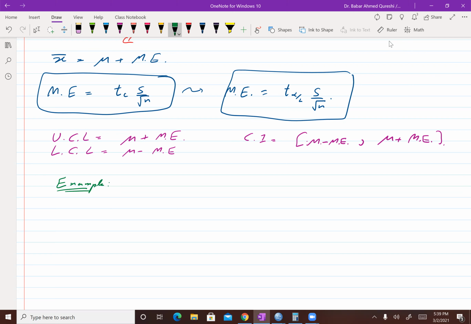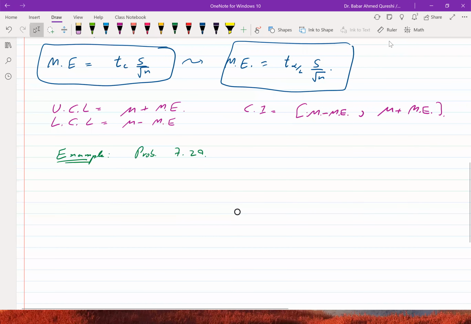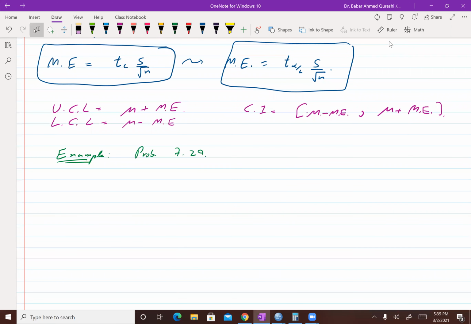So suppose this is a problem from the book, problem 7.29. Suppose there's a car company and they want to estimate the average number of days that their cars are out of operation.